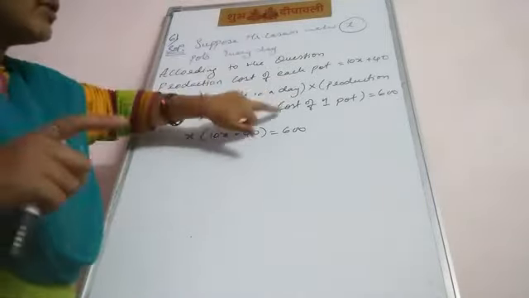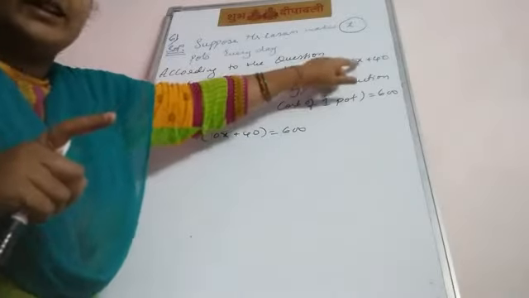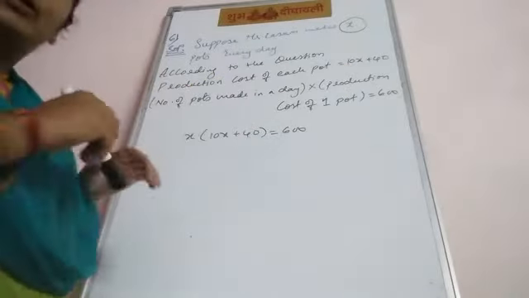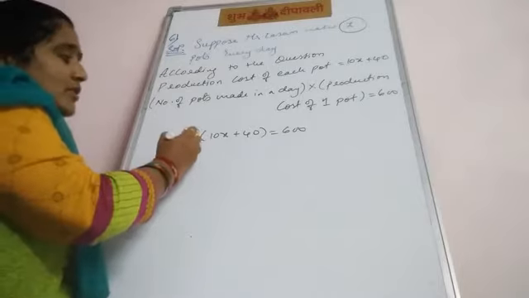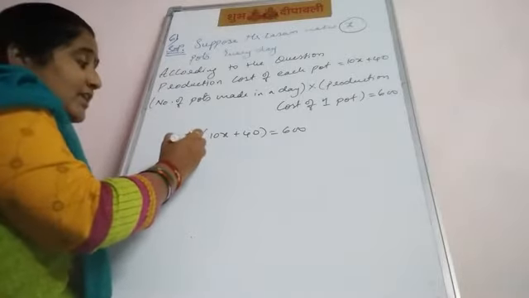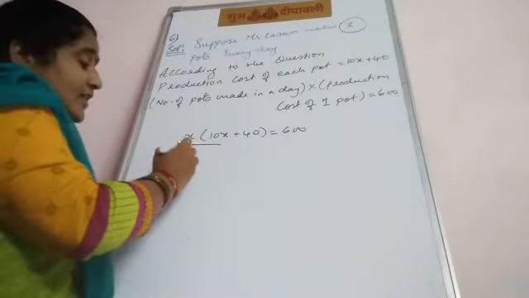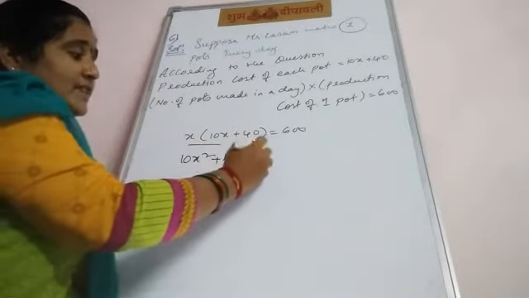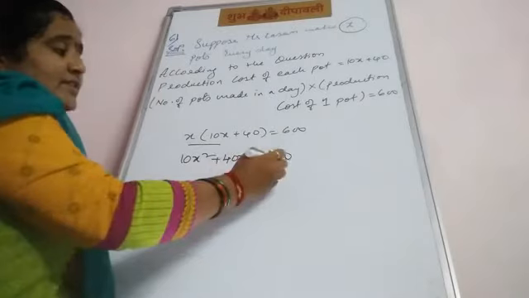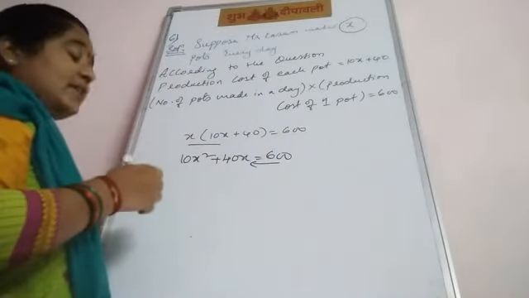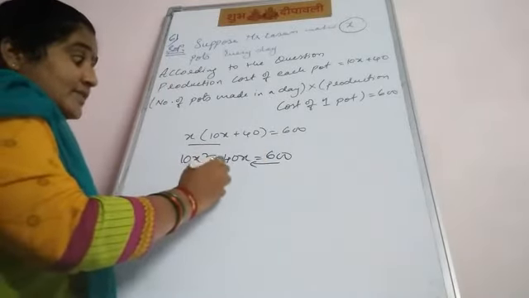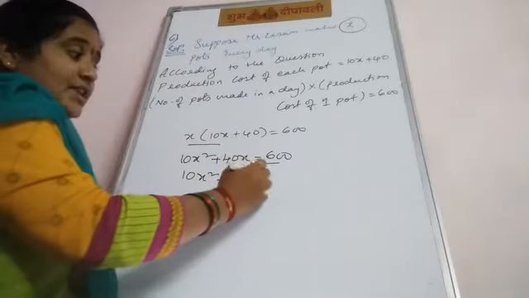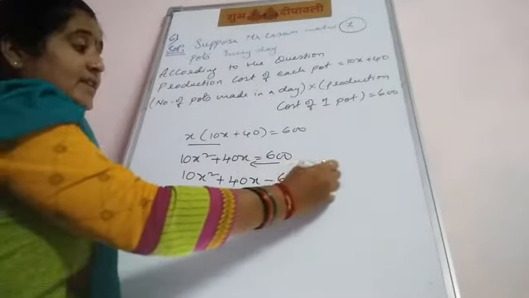And the production cost of one pot, how much? 10x plus 40, equal to 600. Now we have to get a quadratic equation. Now multiply with x. 10x square plus 40x equals 600. Take this 600 to the left side: 10x square plus 40x minus 600 equals 0.